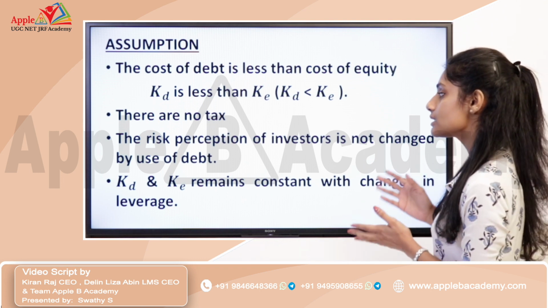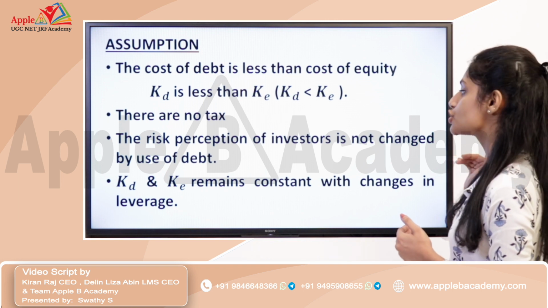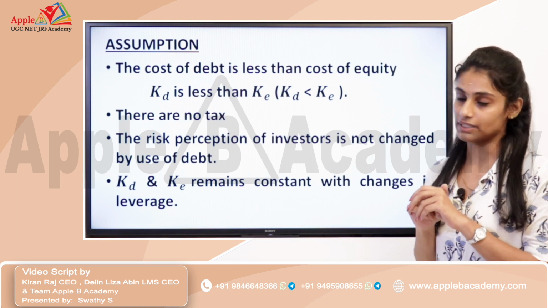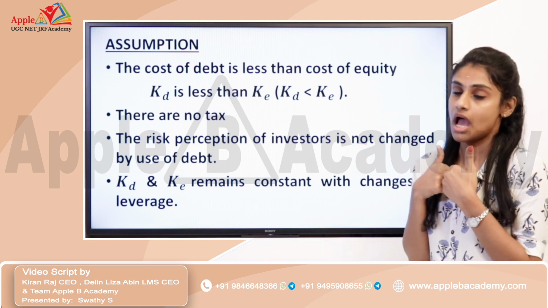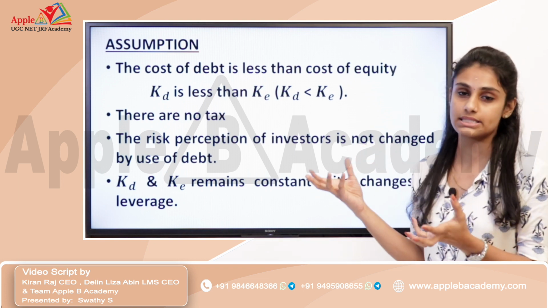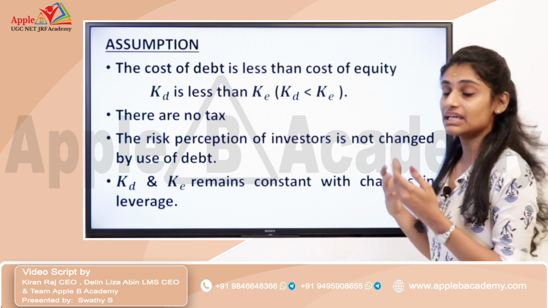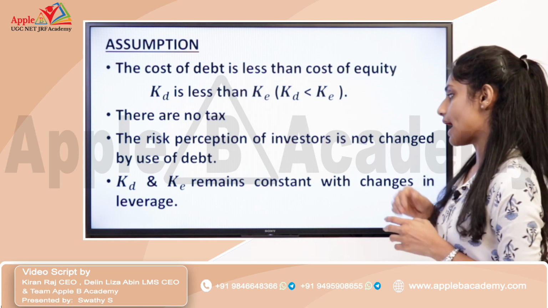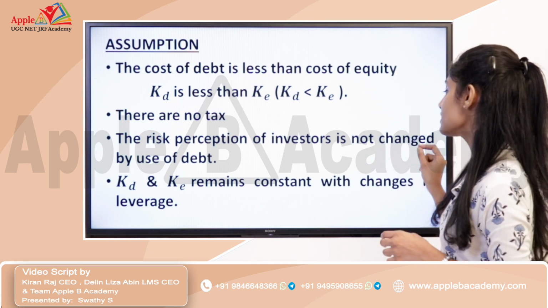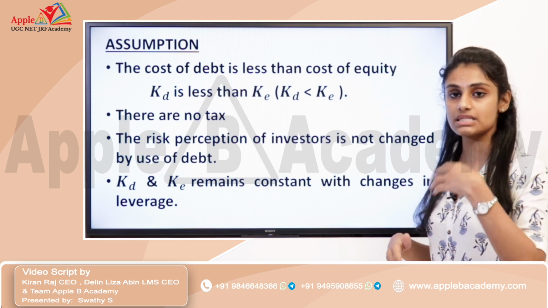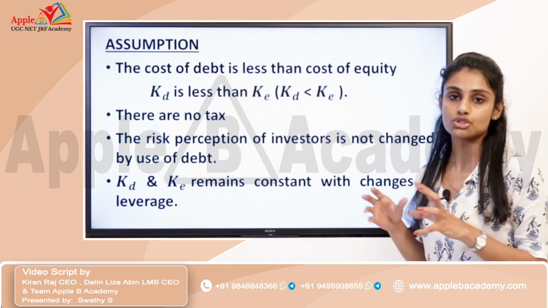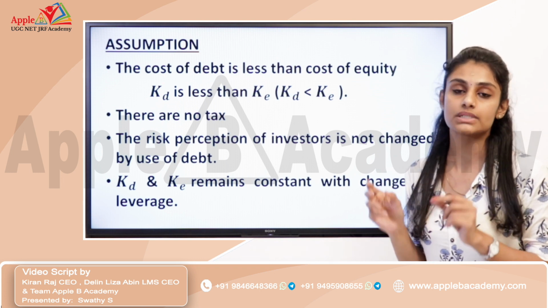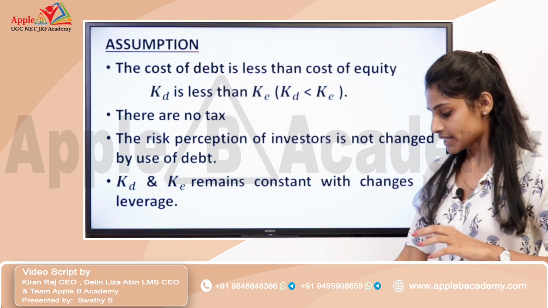Then the risk perception of investors is not changed by the use of debt. So there is no change happening to the risk perception of the investors, even though they are using more debt or less debt. And KD and KE remain constant with changes in the leverage. That means even if changes happen in the debt content, the cost of debt and cost of equity remain constant.